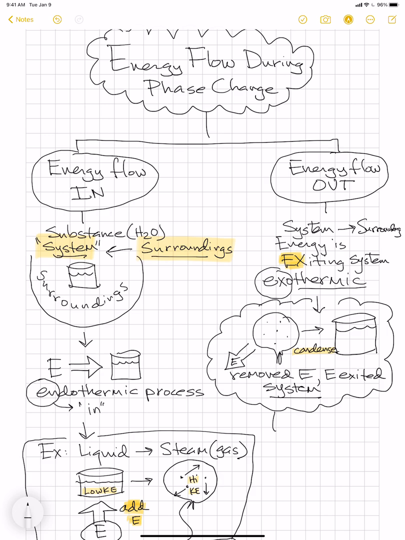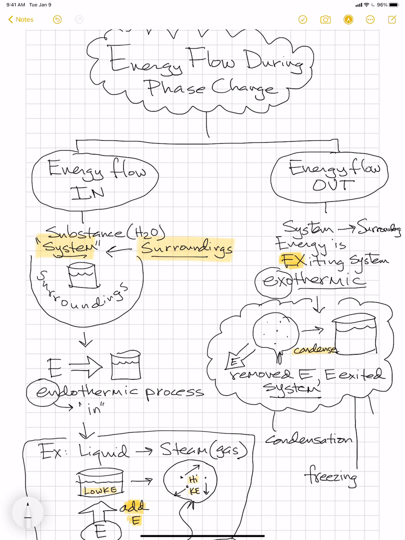So what are the exothermic processes? We just talked about this one, condensation. What's another one? As you go down, what about freezing? Yep. To get liquid water to freeze, you have to remove energy. That's exothermic.